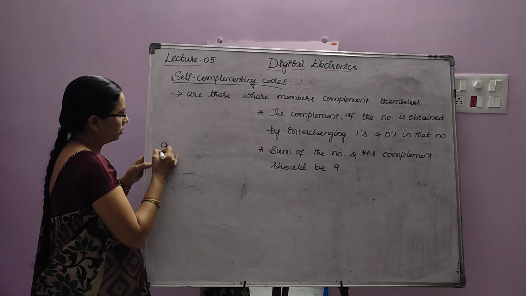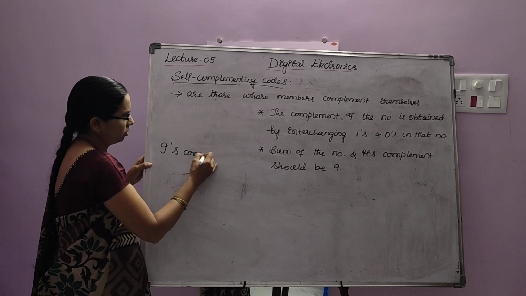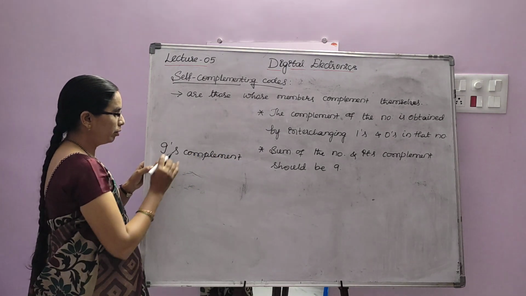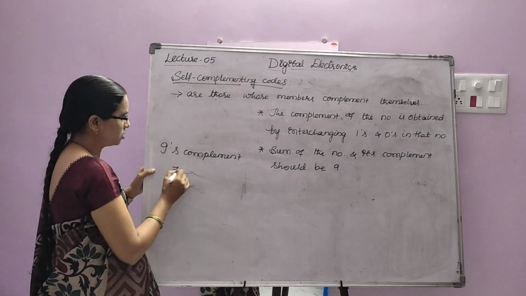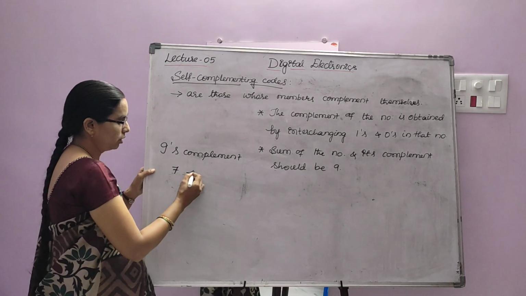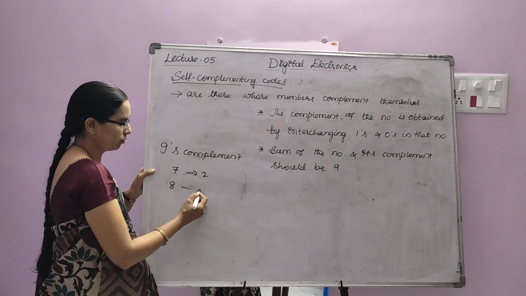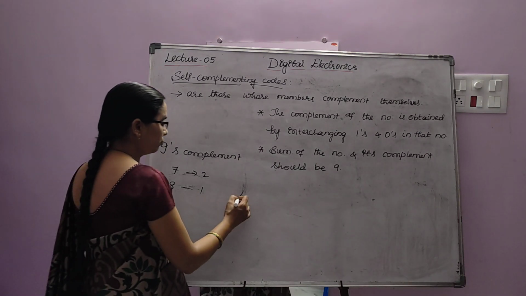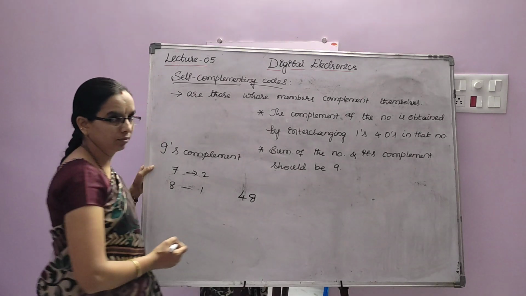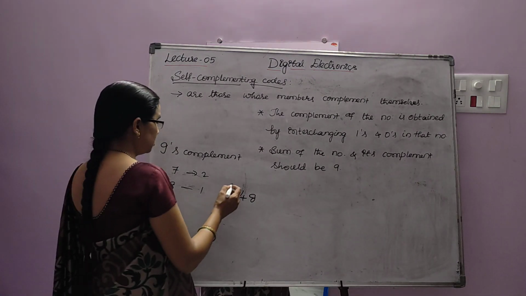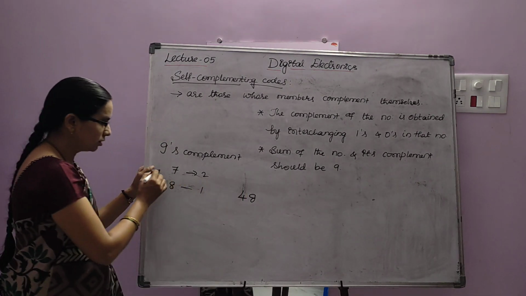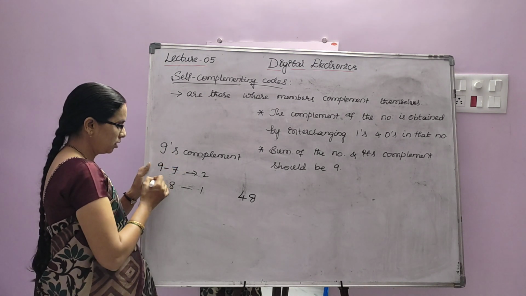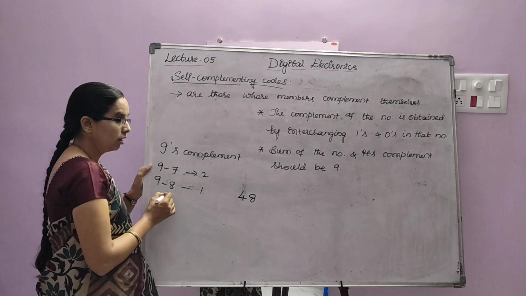Before that, we learn 9's complement of the number. 9's complement of any number: if you take 9's complement of 7 it is 2. 9's complement of 8 is 1. In the same way, 9's complement of 48 is what? To get the single digit complement, we will subtract each digit from 9.